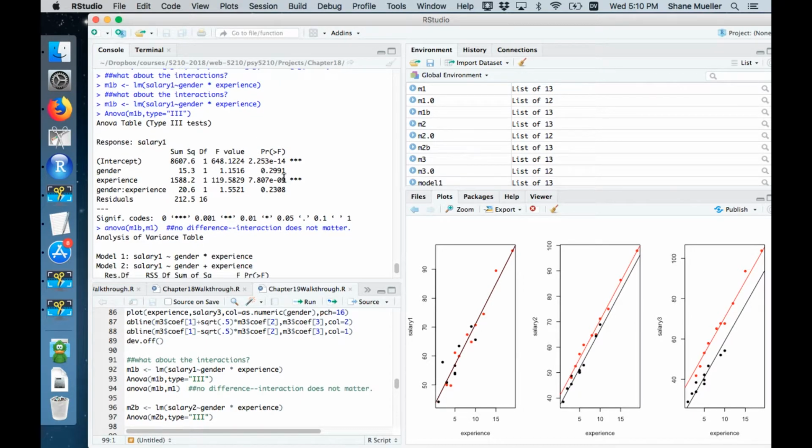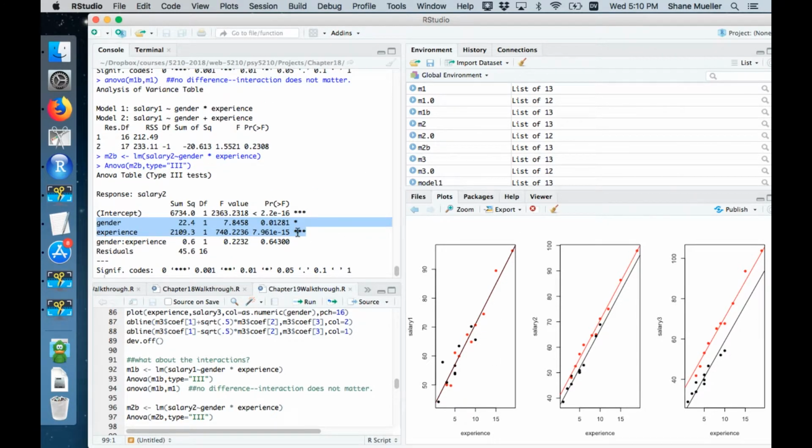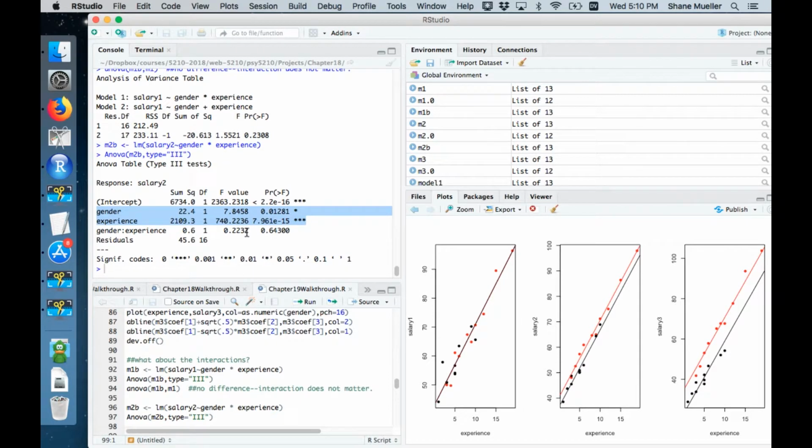Oh, I'm sorry. Gender was not significant here, but now gender is significant, just like it was before. And these are both significant even in the context of accounting for the interaction, which happened to be not significant. So maybe this is a slightly more powerful test: even when you account for the fact that these effects might differ, you're still seeing an effect of experience and you're still seeing an effect of gender.